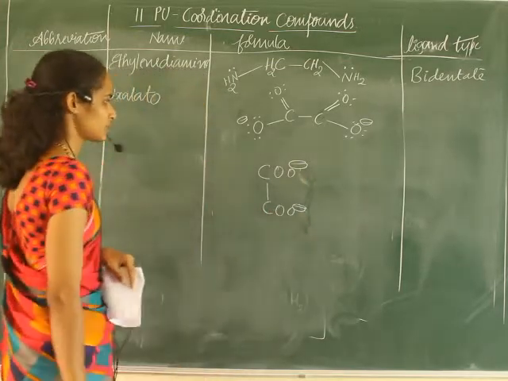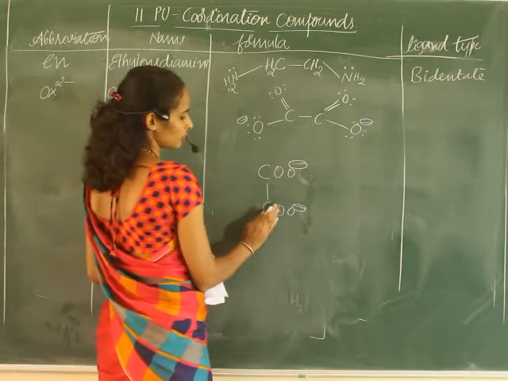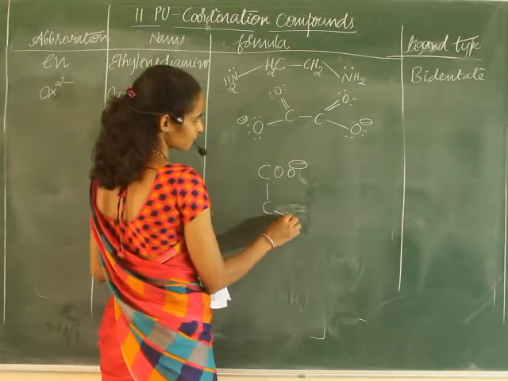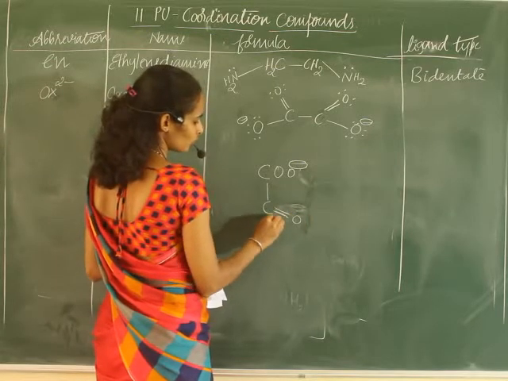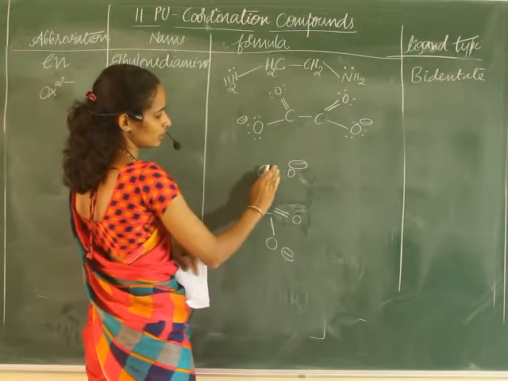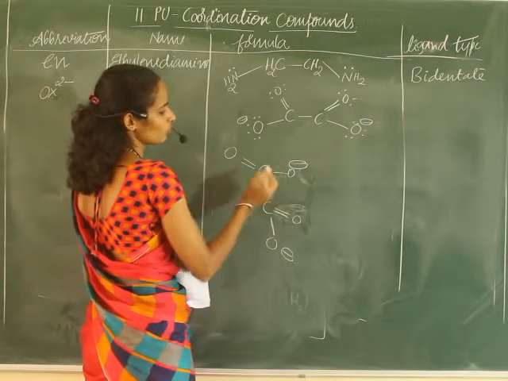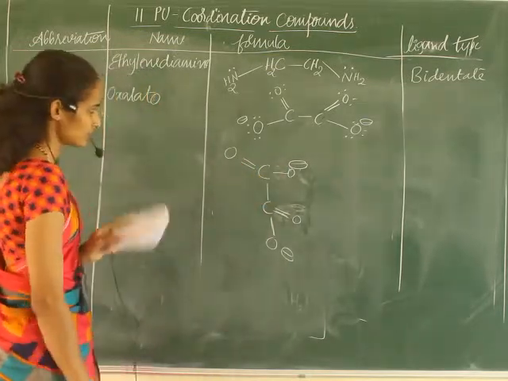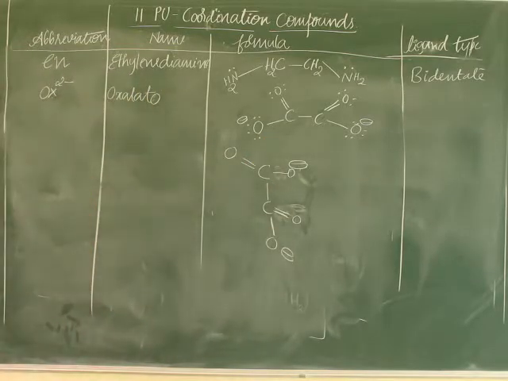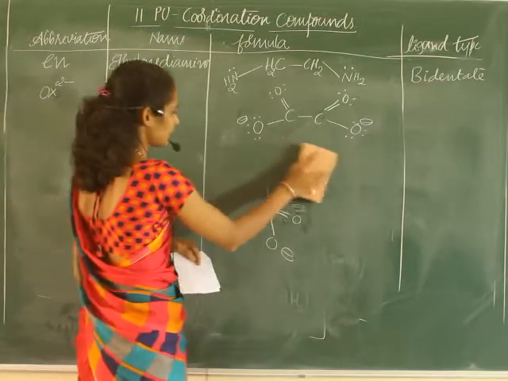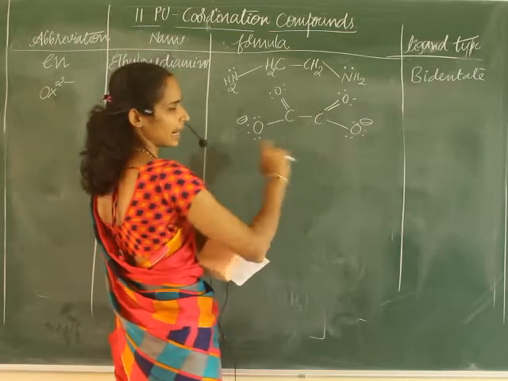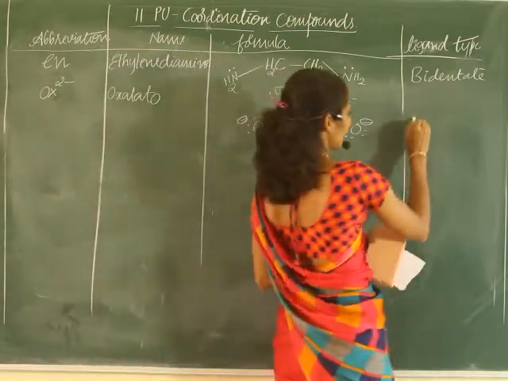COO minus is nothing but, see here, we can write it as C double bond O and O minus. One and the same oxalate ion. And this is again an example for bidentate ligand. It can coordinate through 2 oxygen atoms, hence it is bidentate.